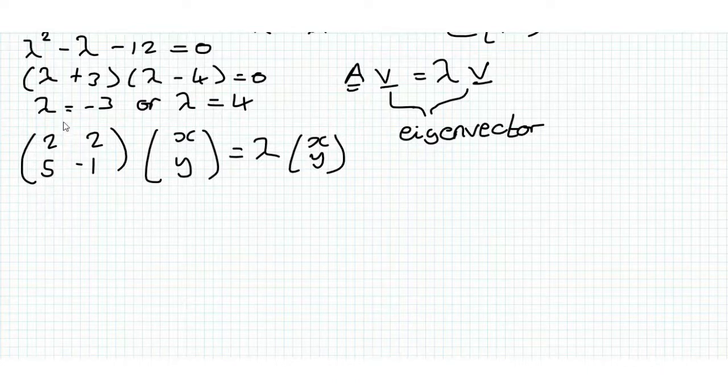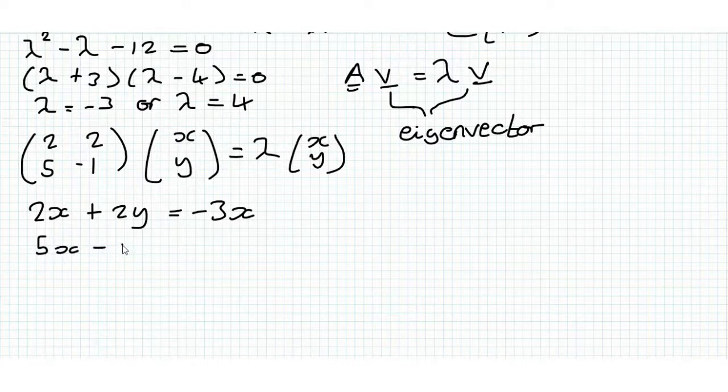Right, so when we're looking at lambda equals minus 3, we get 2x plus 2y is equal to minus 3x. That's just using matrix multiplication. And we get 5x minus y is equal to minus 3y.